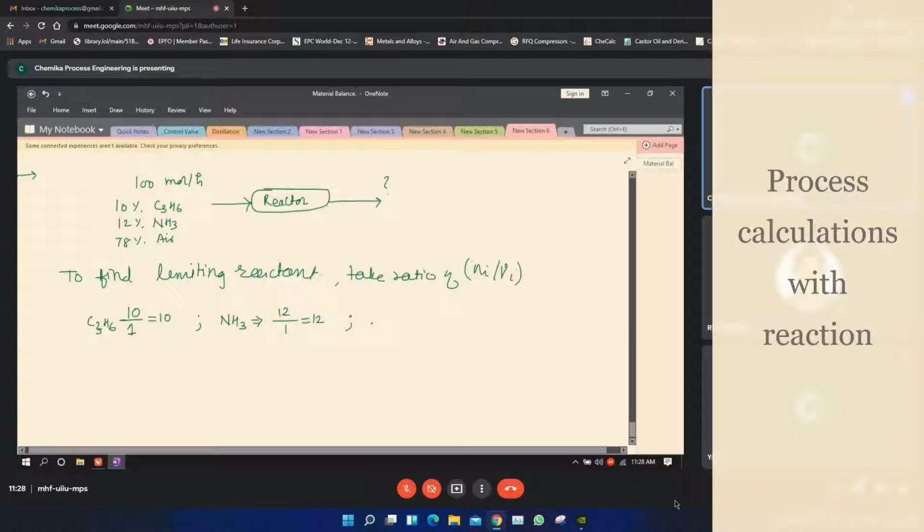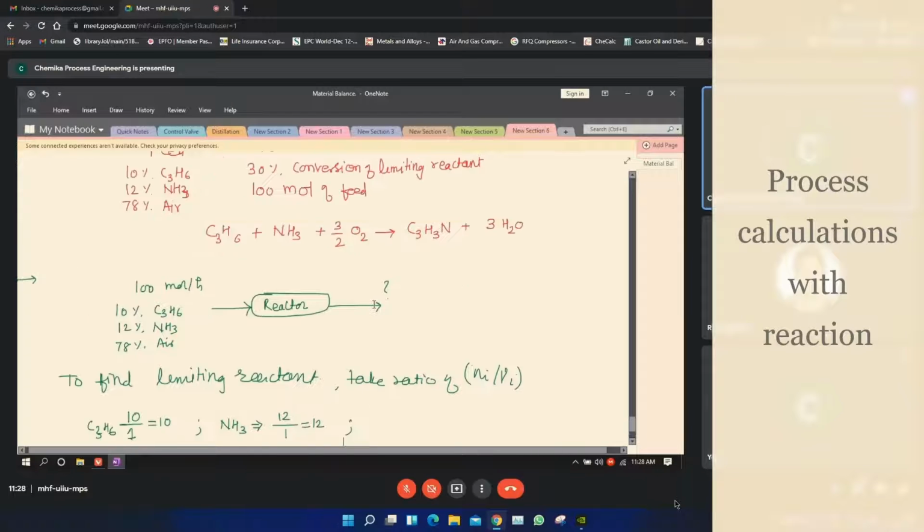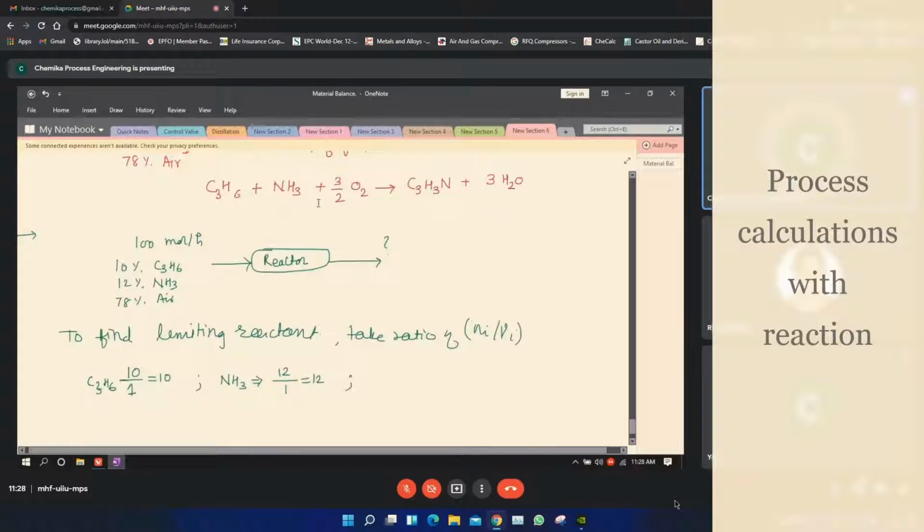And for air, here they have given the quantity of air, but in the reaction there is no air. We have oxygen, and air contains oxygen. So we have to calculate how much oxygen is entering along with the air.